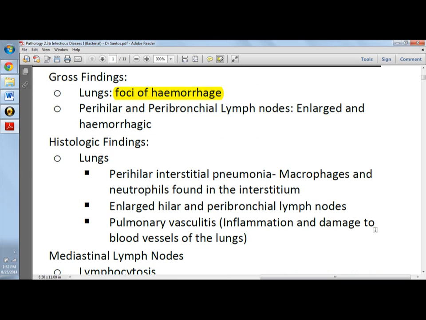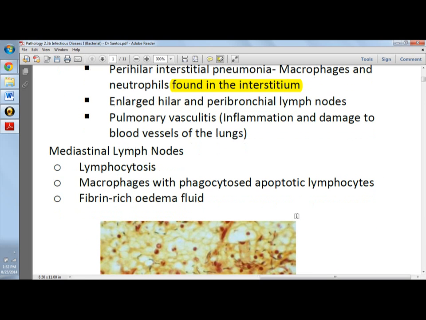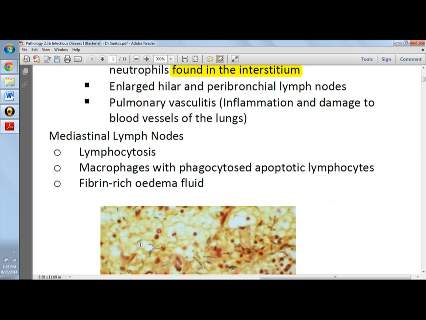Compared to pneumonia, where the cells are within the alveoli, in anthrax the macrophages and the neutrophils are found in the interstitium. For mediastinal lymph nodes, you have lymphocytosis, macrophages, and fibrin-rich edema fluid.